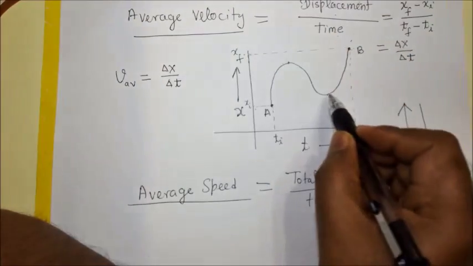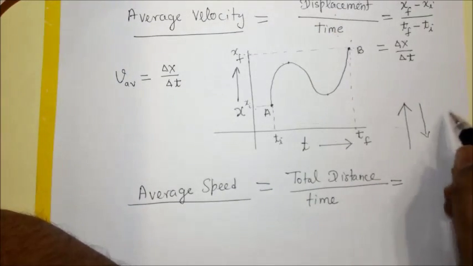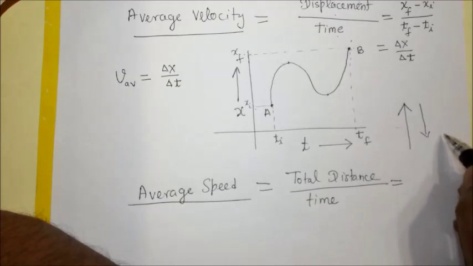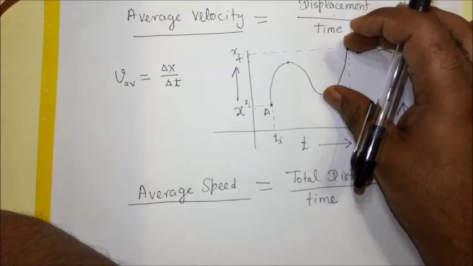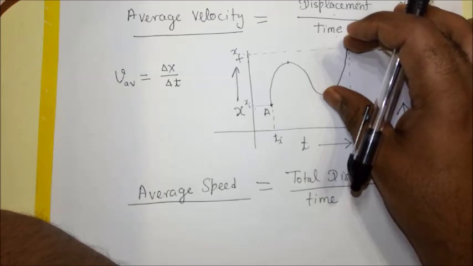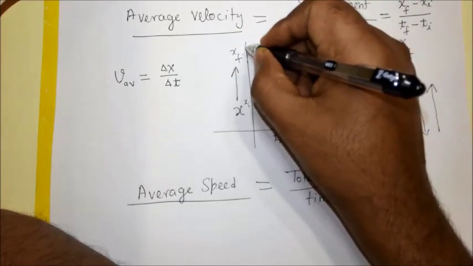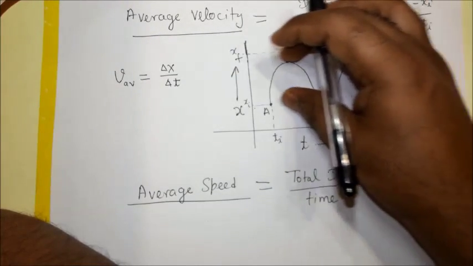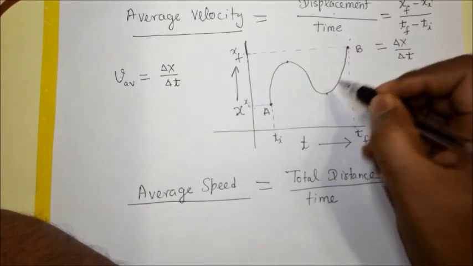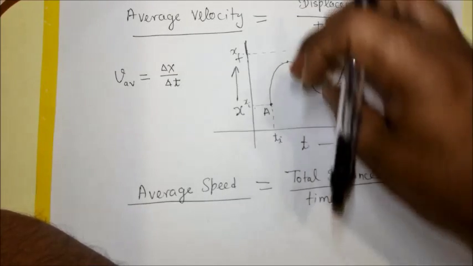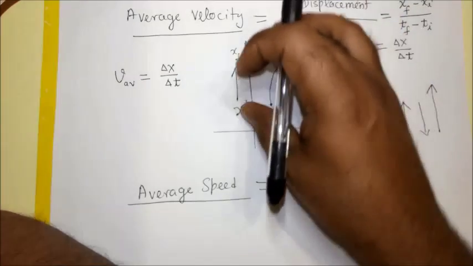This distance is the backward distance. And from here he again moves forward.